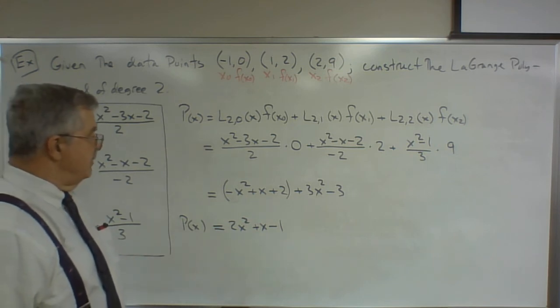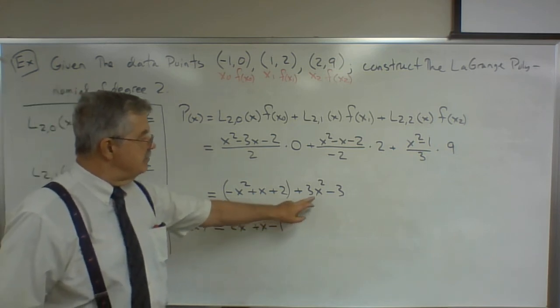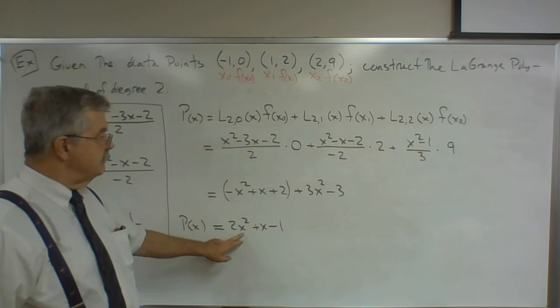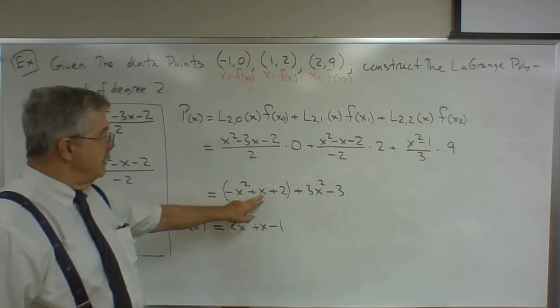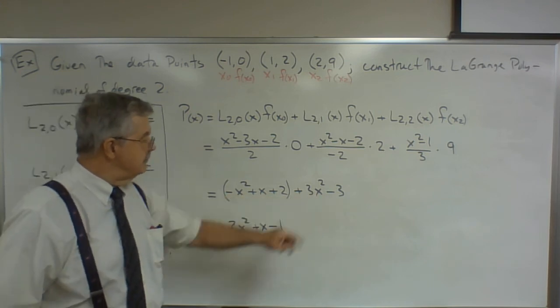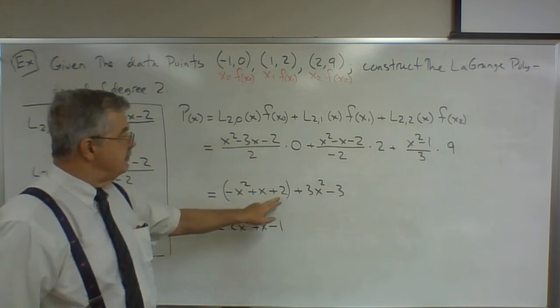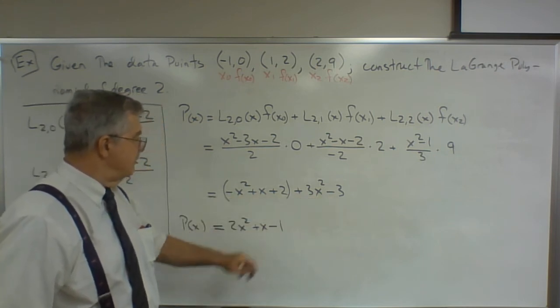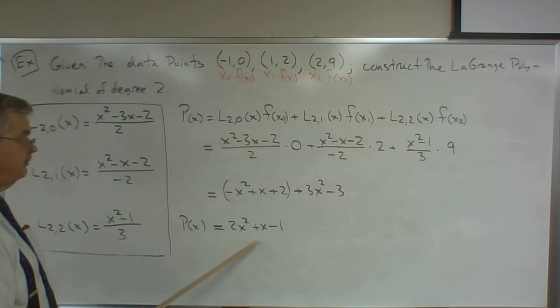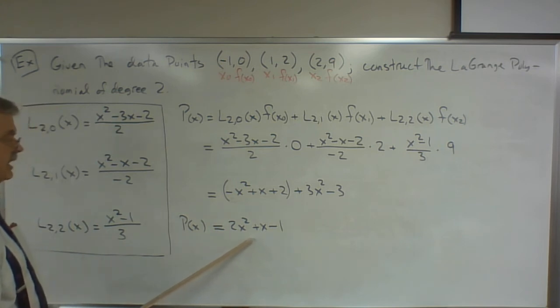And combining all of this, negative x squared plus 3x squared is 2x squared. We have an x here, no x here. And 2 minus 3 is negative 1. So this is our Lagrange approximating polynomial when simplified.